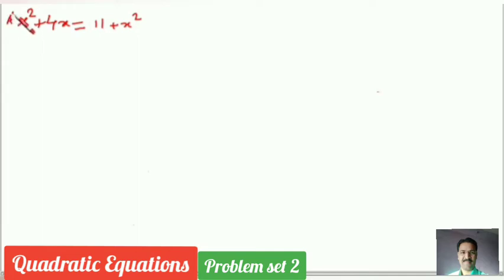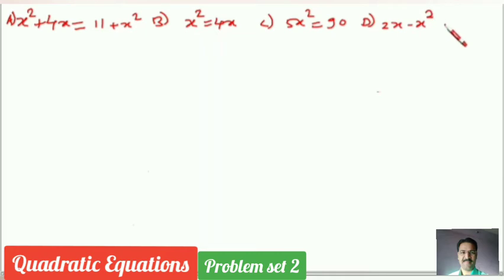Now the second one, x square is equal to 4x. Third one, 5x square is equal to 90. And the fourth one is 2x minus x square is equal to x square plus 5. These are the 4 options. Out of them we are going to choose which is not a quadratic equation.